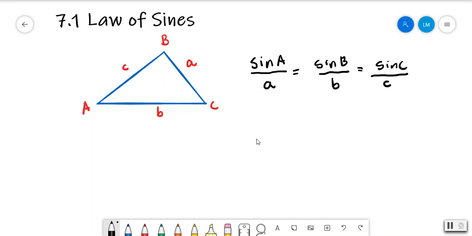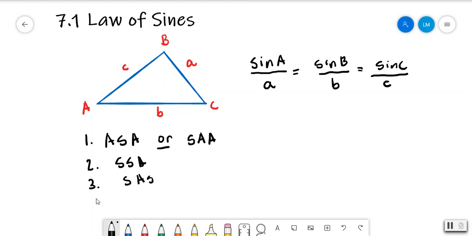Now, the data that you would need for solving a problem dealing with the law of sines is either the angle-side-angle case or the side-angle-angle case. Another case is the side-side-angle, and then another case is the side-angle-side, and another could be if we have all three sides.